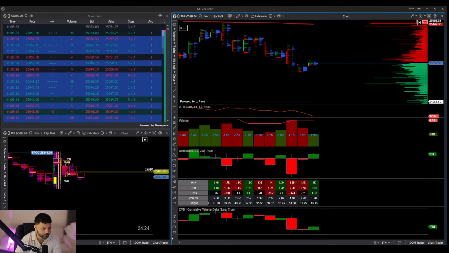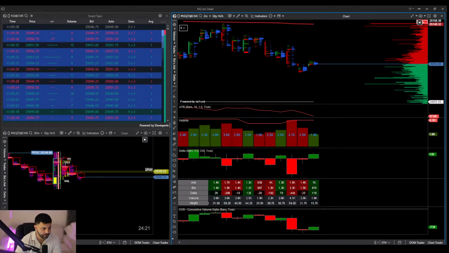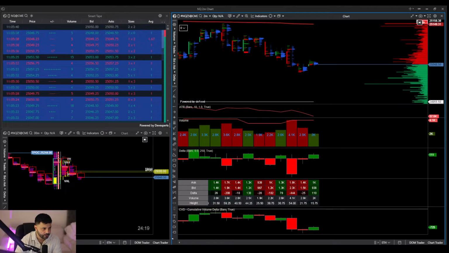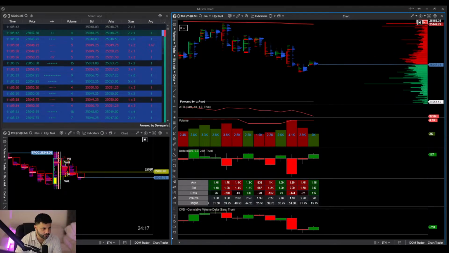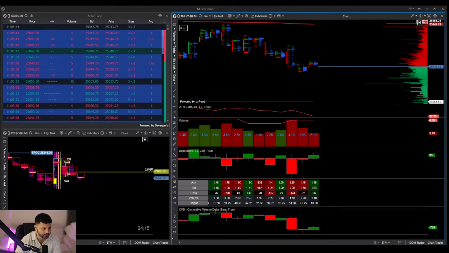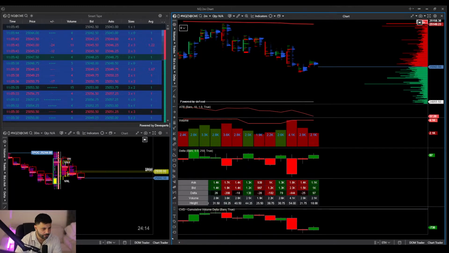Now that all these stops got taken, I think we have a good chance of going and filling some of this imbalance up here. Yeah, longs are getting absorbed now.